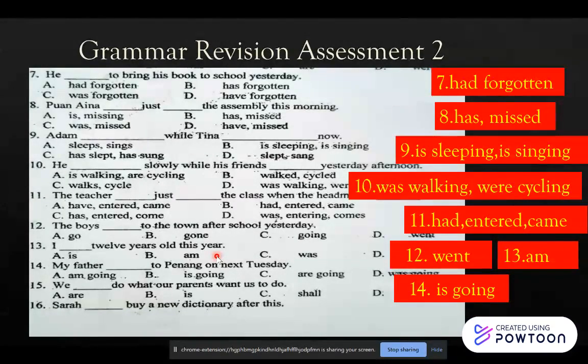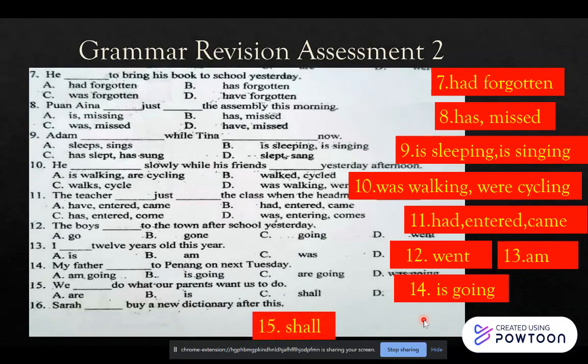So coming Tuesday, he's going to go there. So your father is going. You cannot say "are going" or "was going" or "am going", because it's a singular subject.